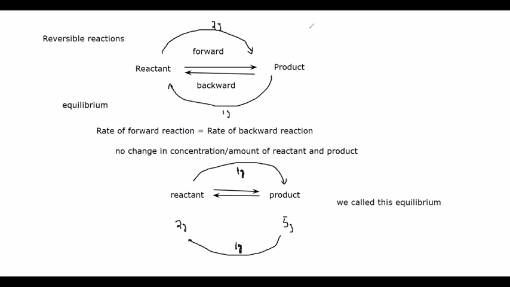Because a reversible reaction may or may not be in equilibrium. 2 grams of reactant are forming a product and 1 gram of product decomposes to form back the reactant. So this is not in equilibrium or a balance. If it is not in equilibrium, then there are two possibilities. First, copy this part, then I will explain the two possibilities.